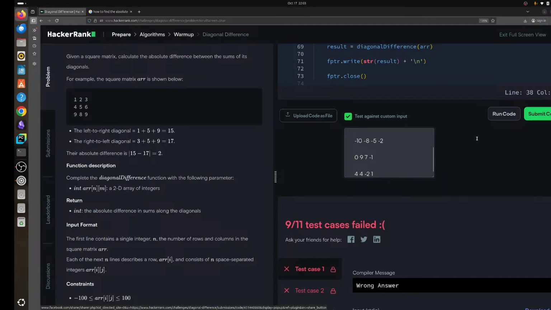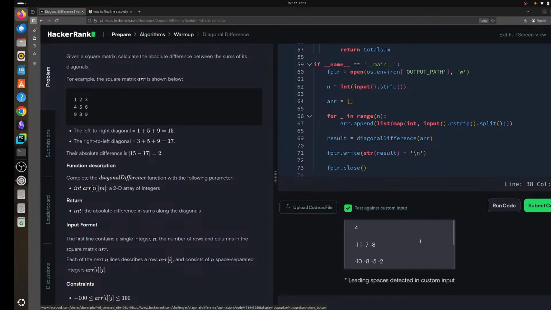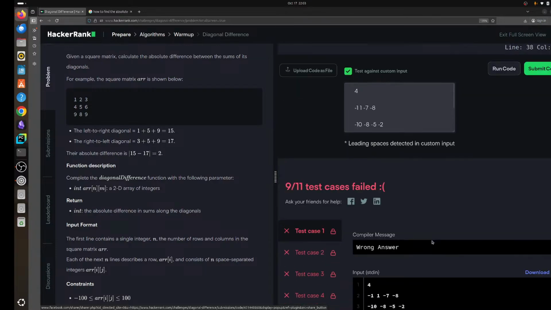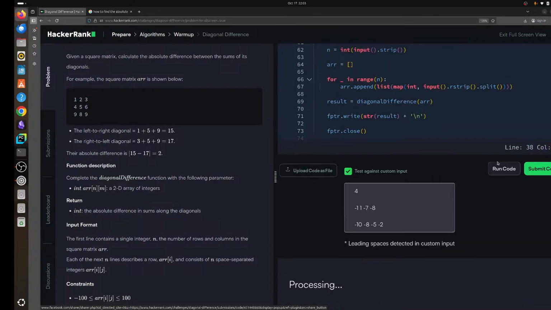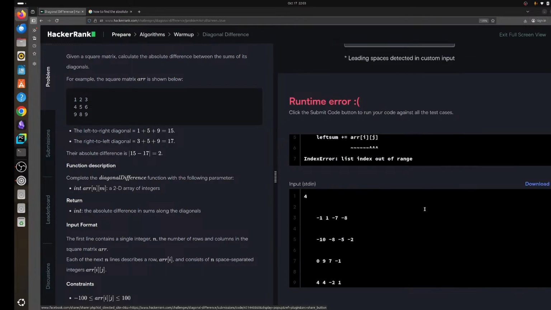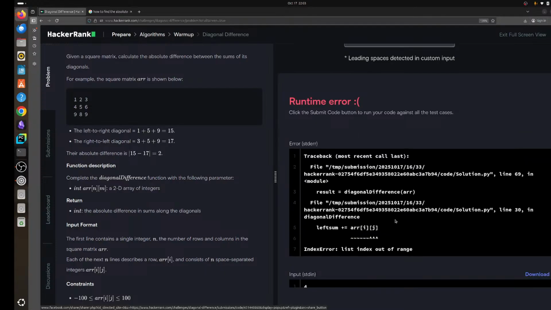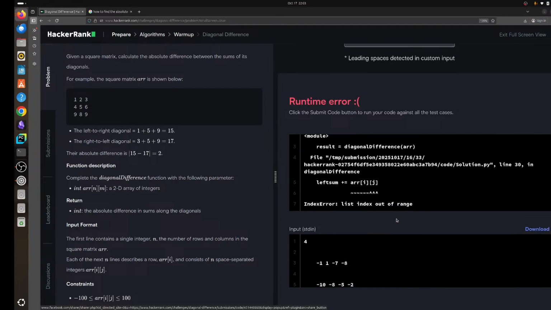Paste. Run code. Index error, list index out of range. Okay.